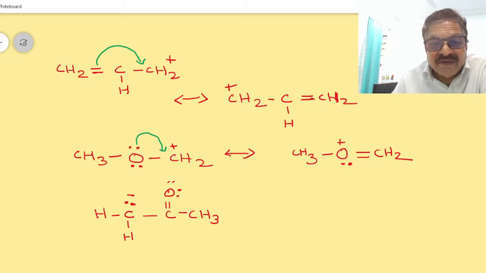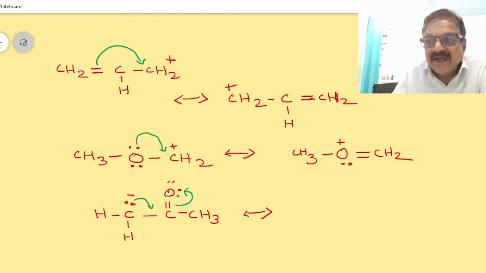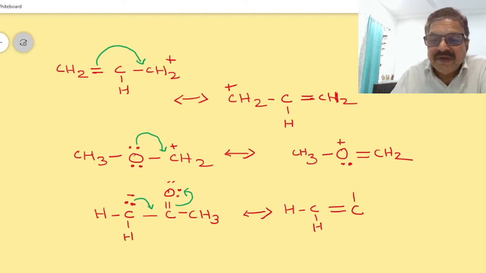Now for the resonance structure, how will the electron migration be? This lone pair will migrate here, correct? And then this will go like this. So the resultant structure will be H, C, H double bond, okay, C, O minus CH3.